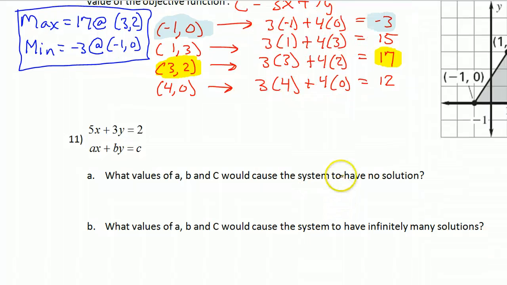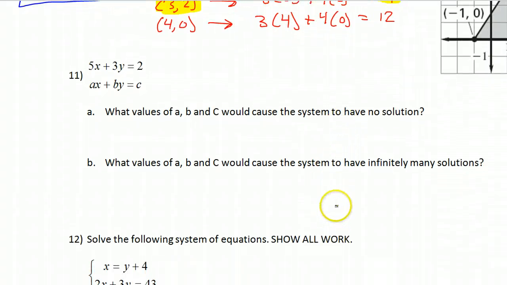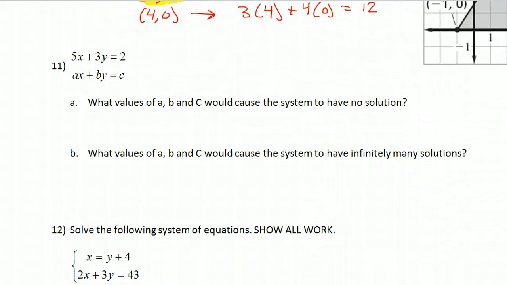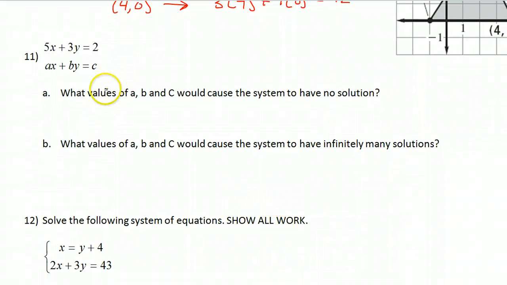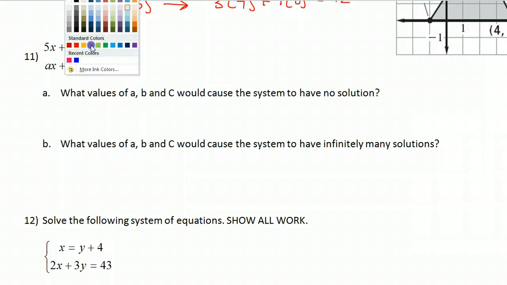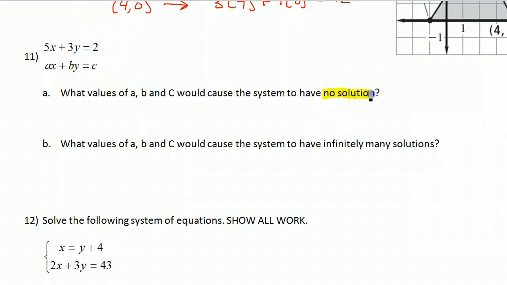Now, number 11 is one of those thought questions which requires you to put together a couple different pieces of information. What values of A, B, and C would cause the system to have no solution? Well, remember, no solution is what happens when things come down to something like 0 equals 5.